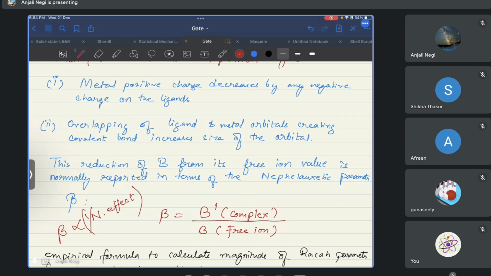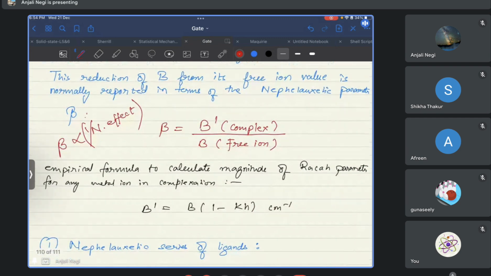Okay, and now the empirical formula to calculate the magnitude. I have seen that you may be asked in your GATE paper to calculate some B prime or B, or simply beta, or you may be given the k and h values. In that case you must know this empirical formula.